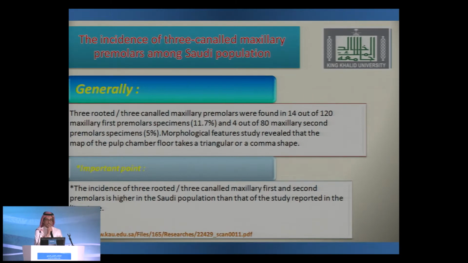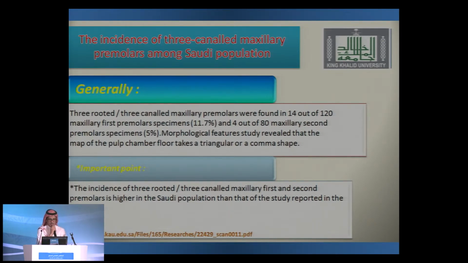The incidence of the three-canaled maxillary premolar among the Saudi population is very important. Generally, three-rooted, three-canaled maxillary premolars were found in 14 out of 120 maxillary first premolar specimens, that means 11.7%, and 4 out of 80 maxillary second premolar specimens, that means 5%.